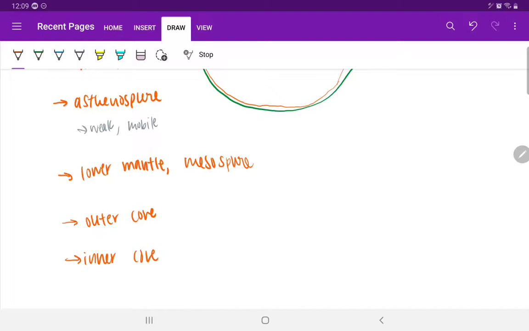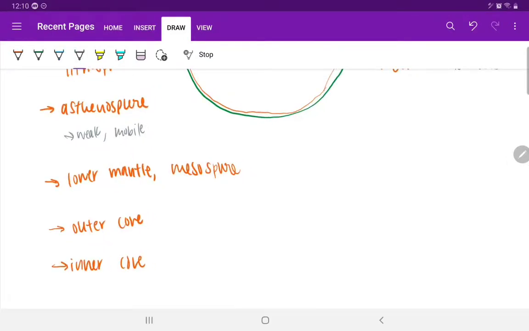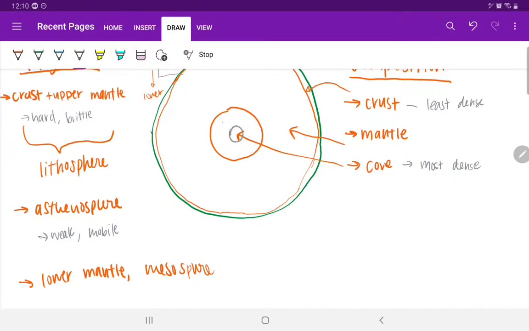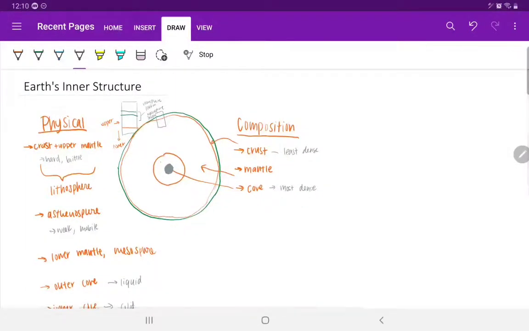But the difference between the outer core and the inner core in the classification based on physical properties is that the outer core is liquid, whereas the inner core is solid. So with regard to physical properties, they're obviously different. And so we can even draw that in here. So now we have the solid iron nickel inner core. And so these are the two primary classifications for Earth's inner structures.